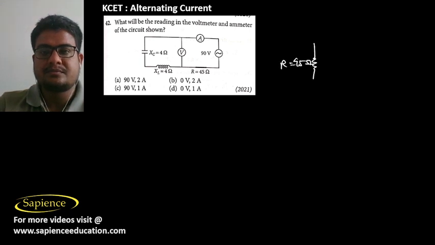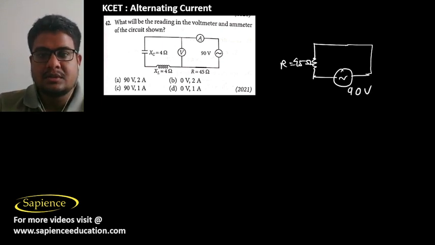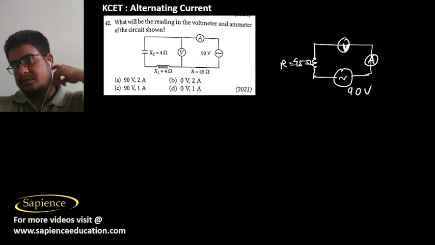There we have an AC voltage source, RMS voltage 90 volts. Here we have an ammeter.